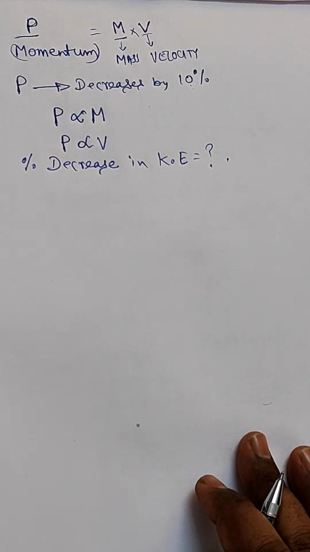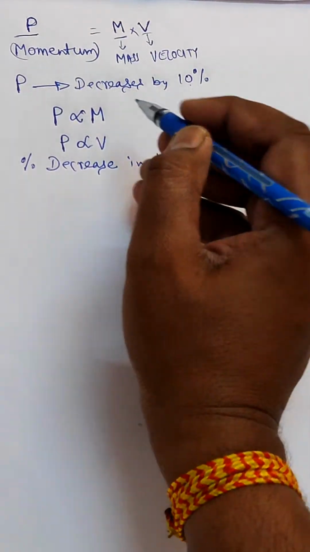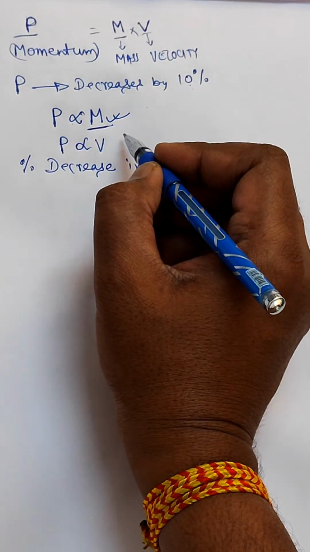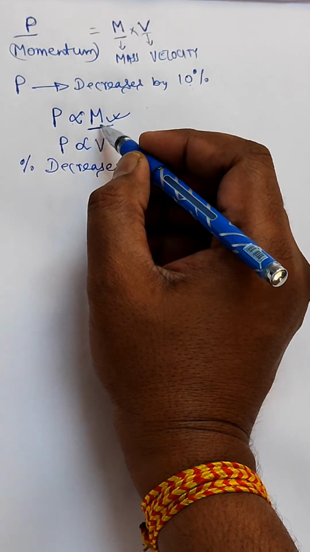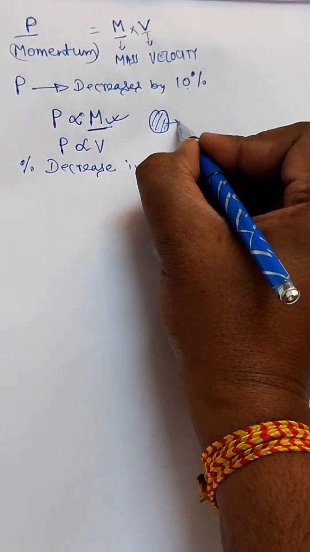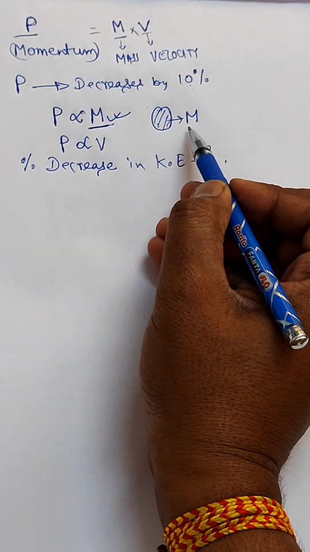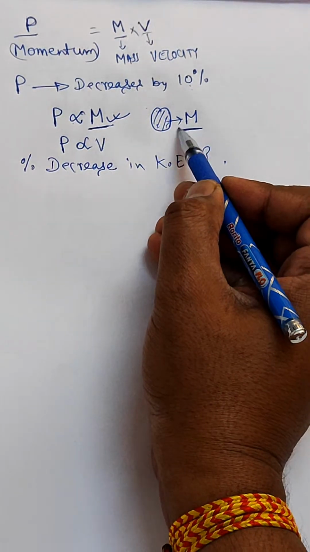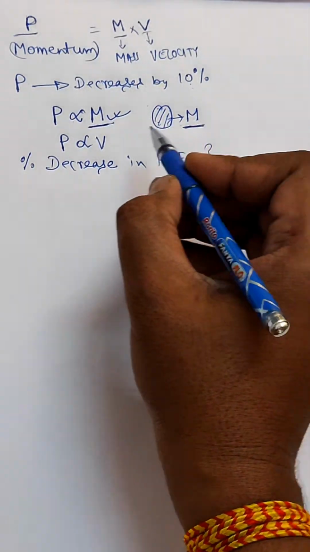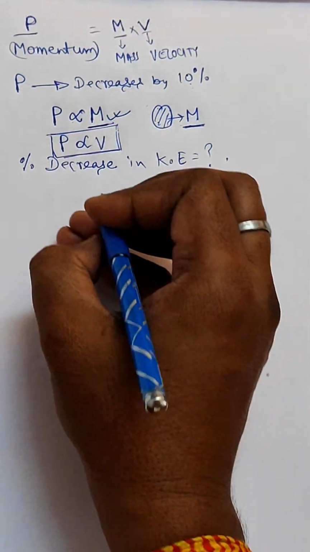Now, we know that since the momentum decreased by 10%, the mass will be constant, right? Because this is applied on the same body, if this mass is M, then in the initial condition the momentum carries the same mass, and in the final condition, which is the second condition given, the mass will be constant. So what will be actually varying? Variation is basically in this velocity, right?